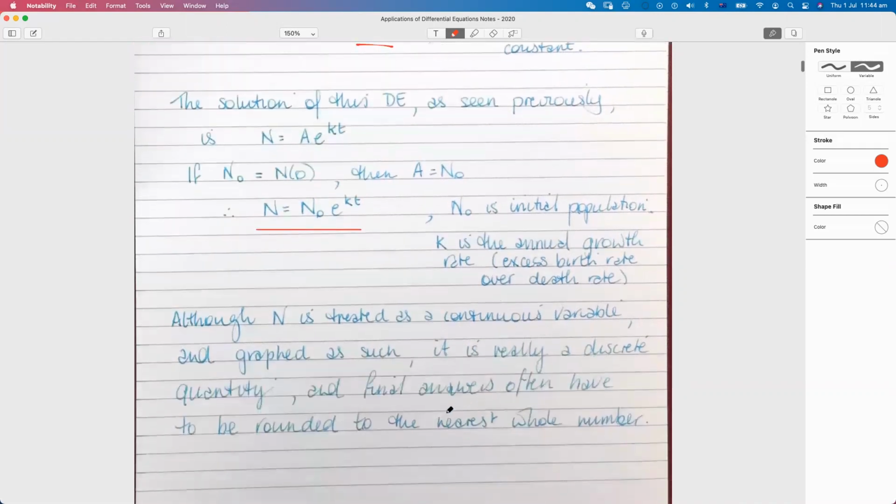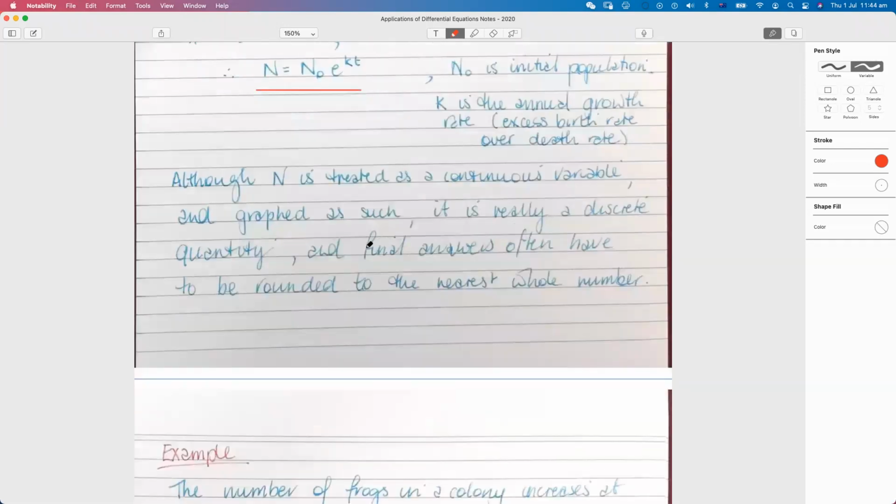Although N is treated as a continuous variable and graphed as such, it is really a discrete quantity, and final answers often have to be rounded to the nearest whole number, which means we could use a calculator.